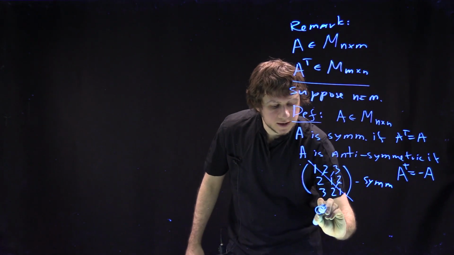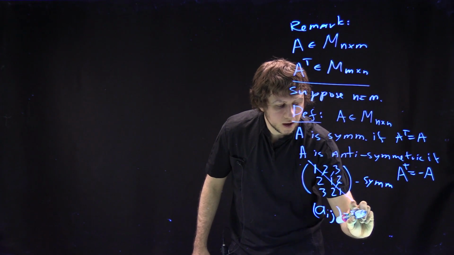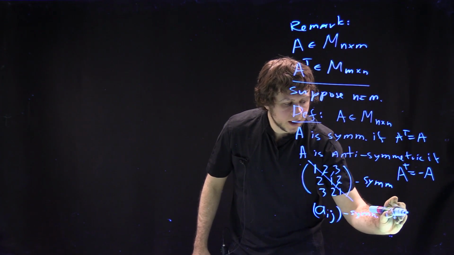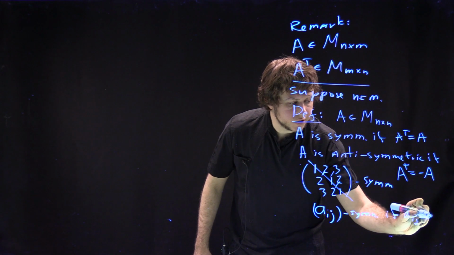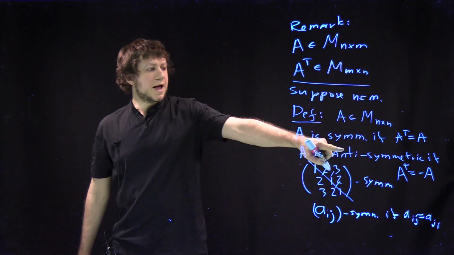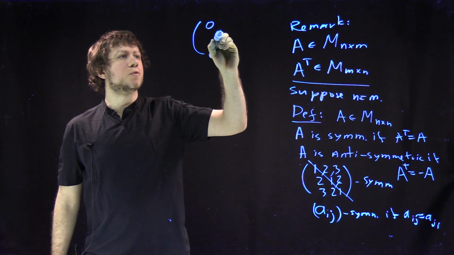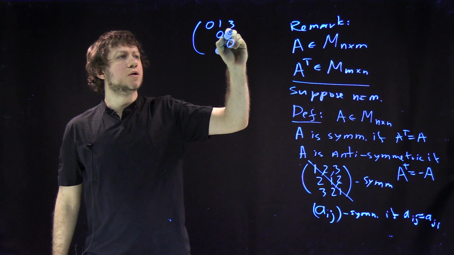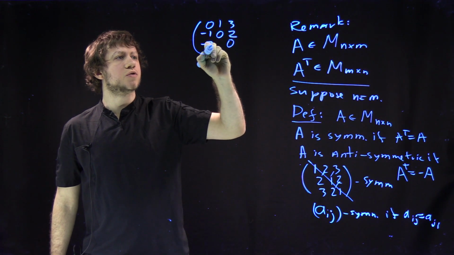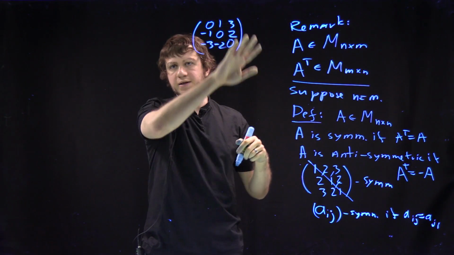So you can also say that A is symmetric if Aij equals Aji. So you can exchange indices and you get the same thing. And antisymmetric means that, for instance, this one is antisymmetric: 0, 0, 0, 1, 3, 2, minus 1, minus 3, minus 2. When you flip, all the signs change.